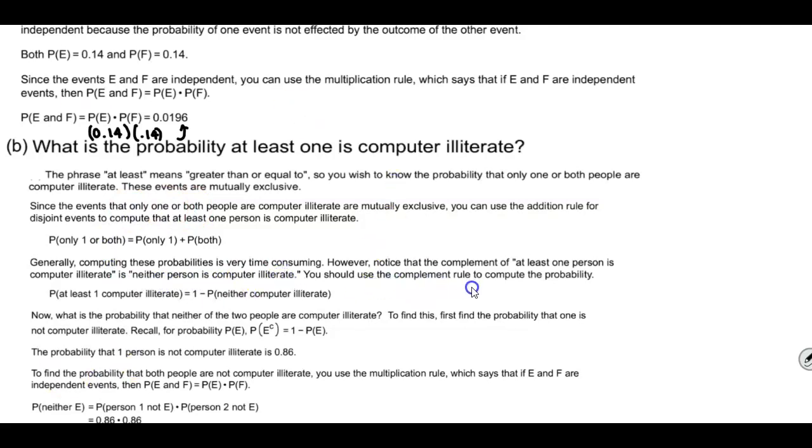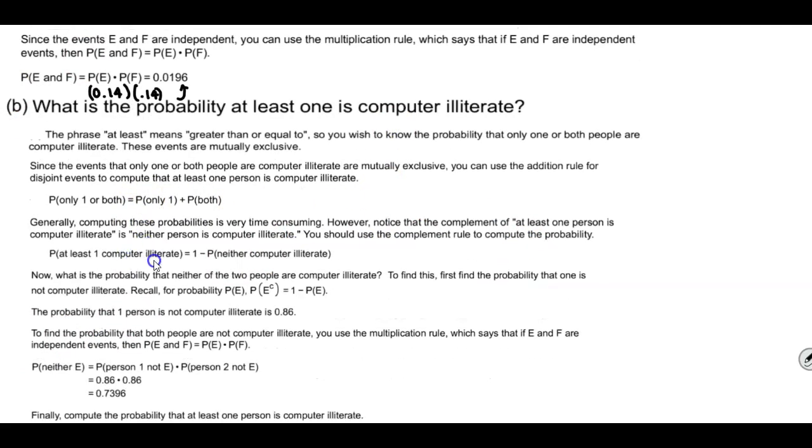So you should use the complement rule to compute the probability. So instead of using the first part, we're going to use the second part. That means the probability of at least one computer illiterate is equal to 1 minus the probability of neither computer illiterate.